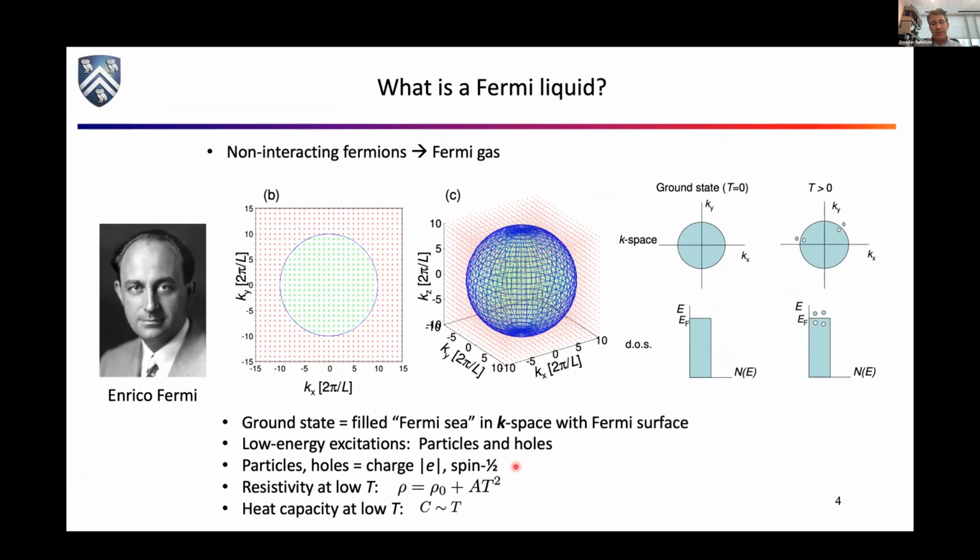The particles and holes have charge of magnitude e, and they've got spin 1/2. If you do a Drude-Lorentz or Drude-Sommerfeld type approach to this, the resistivity at low temperatures of a solid where the electrons obey these properties has some residual resistivity set by the dirt in your sample. And then at the low temperature end, there's a quadratic in temperature piece that has to do with electron-electron scattering of these particle excitations. The heat capacity, the electronic part, goes linearly in T.